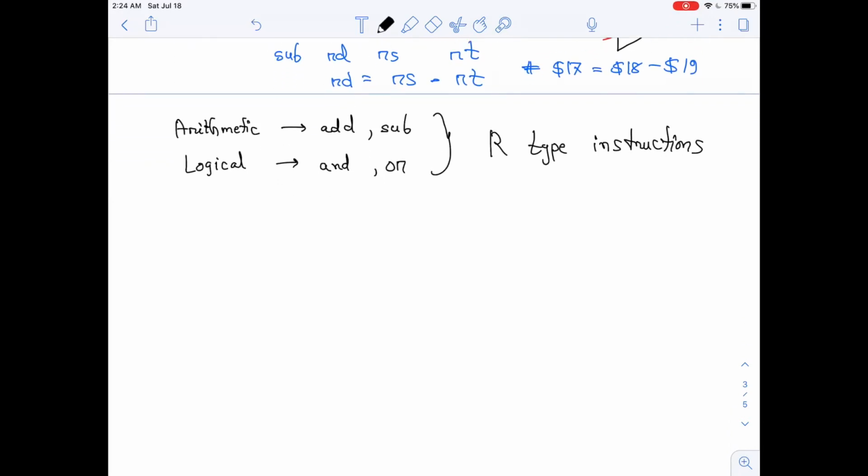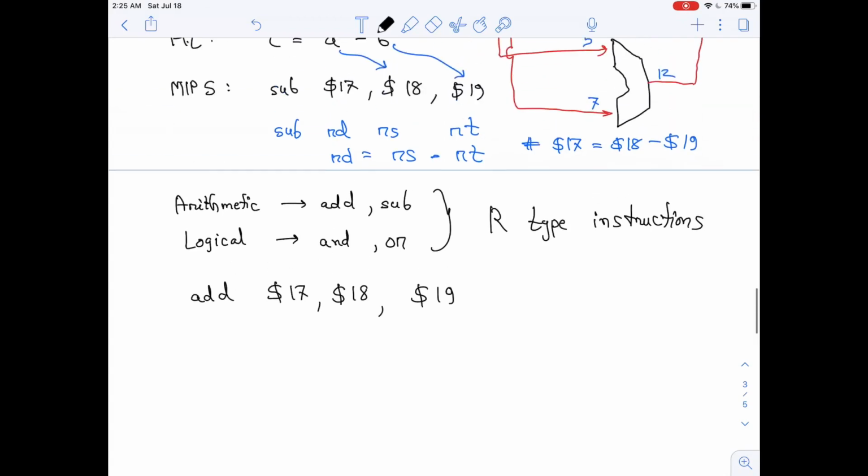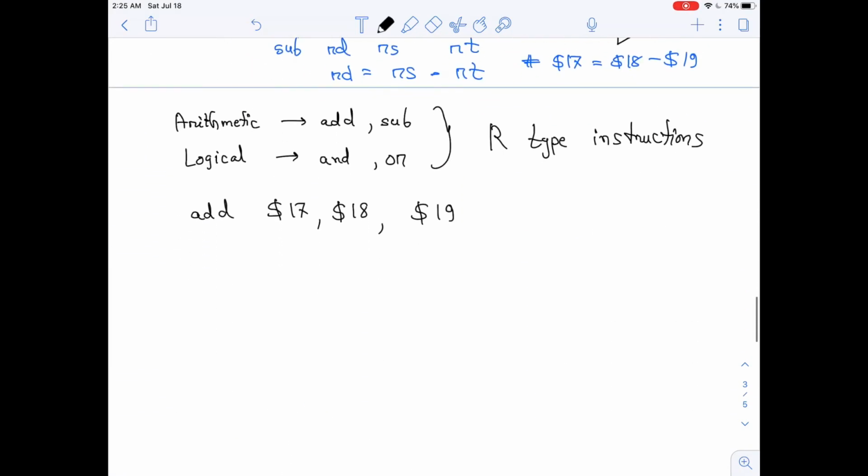So suppose one number is in register 18 and the other number is in register 19, your instruction would have the exact look and feel of the add or sub instruction that we learned previously. Again, this would be your destination register, this is the first source, and this is the second source register. So these two numbers are going to be ANDed, and the result is going to be stored here.